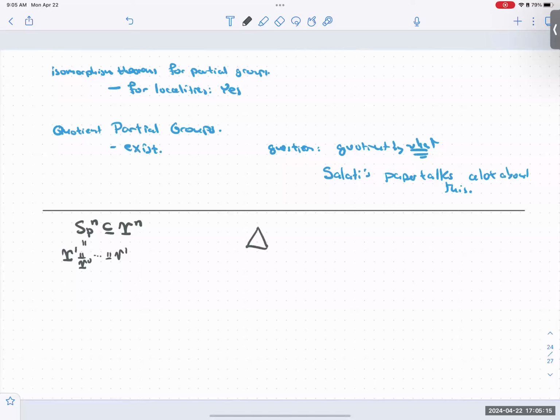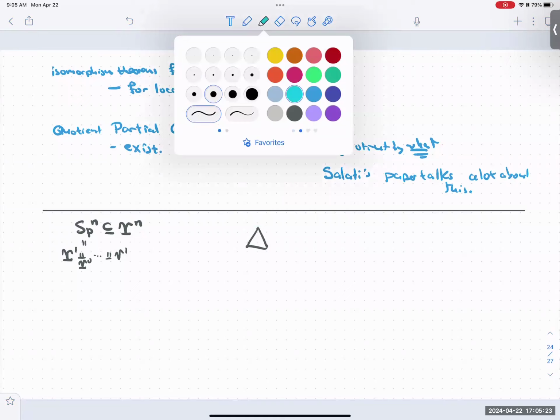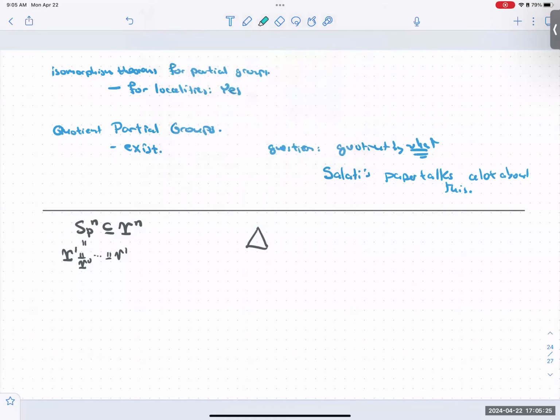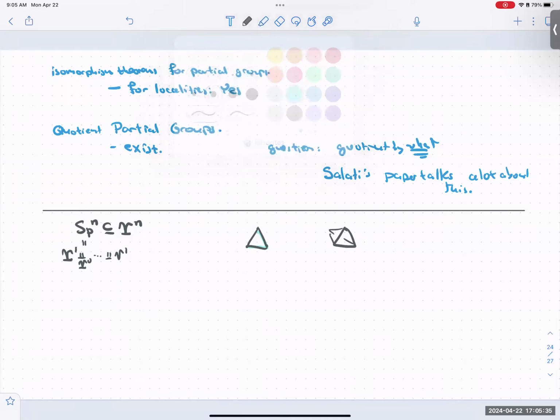Right, so I start here and then I pick out exactly a spine like this. Or I start with this guy and I pick out this spine. And what we ask is that you're kind of orthogonal to this.